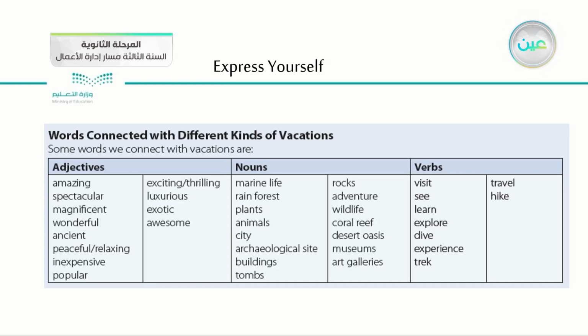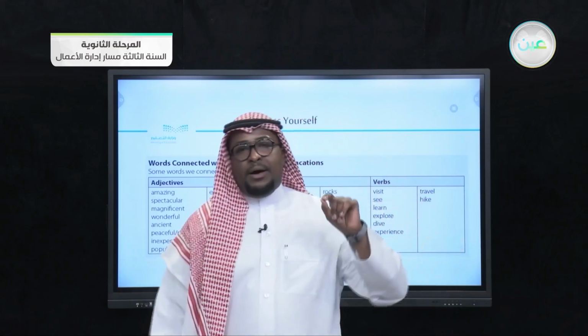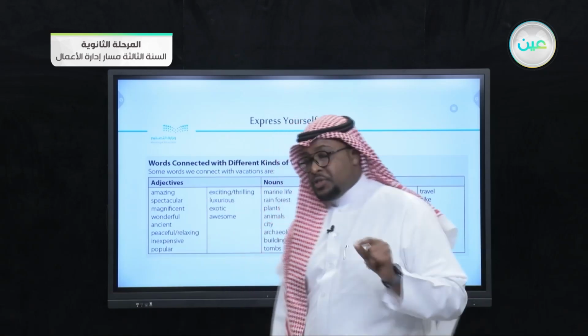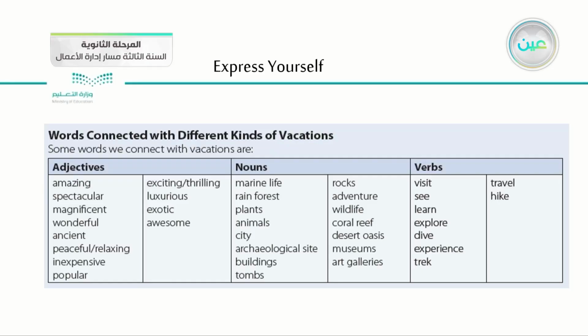Here we have the words: amazing, spectacular, magnificent, wonderful, ancient, peaceful, relaxing, inexpensive, popular. I'd like you guys to go over them and try to find the meaning of each one of them in your dictionaries, which is very important. Here we have exciting, thrilling, luxurious, exotic, awesome.